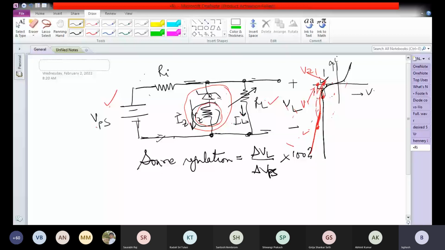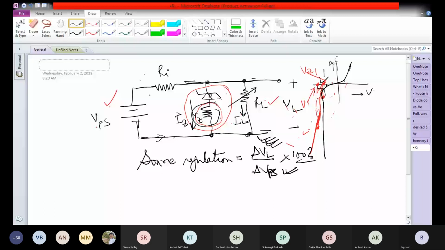That is, with change in supply voltage Vs, how much the output voltage varies. As you can well appreciate, for an ideal Zener diode circuit, delta VL is going to be 0. So for an ideal voltage regulator, the source regulation is 0. So the lower the source regulation, the better our Zener diode circuit is.